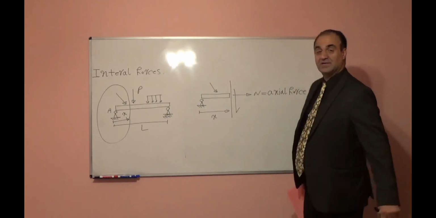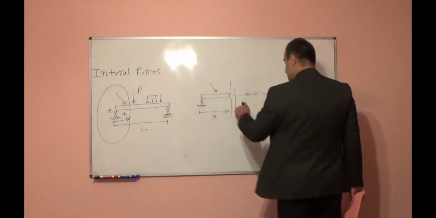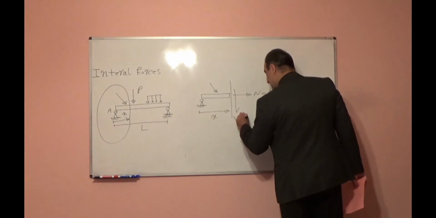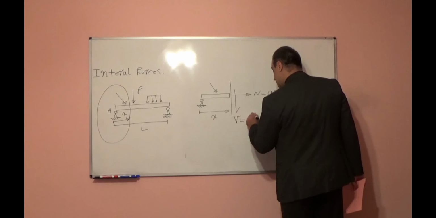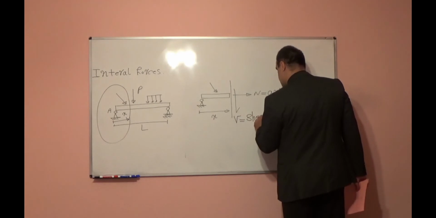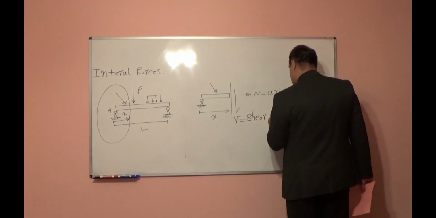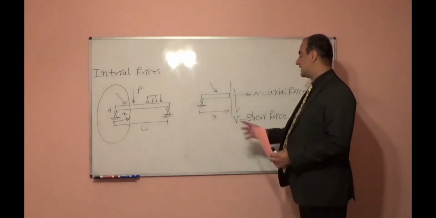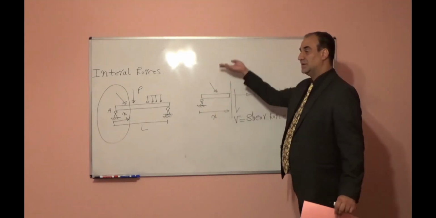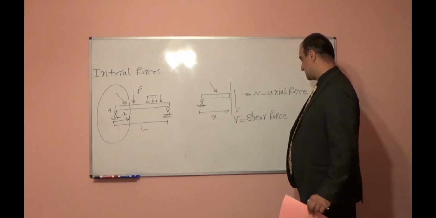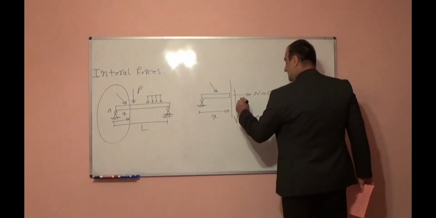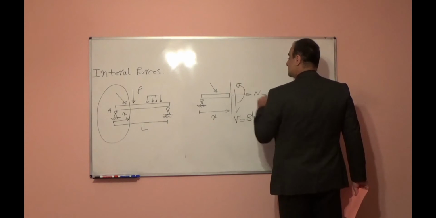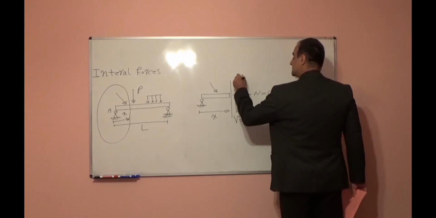We will have another force which is perpendicular to the member. We show that with V, and it is called shear force. Shear force prevents this part of the beam from moving in the vertical direction. We will have another internal force.